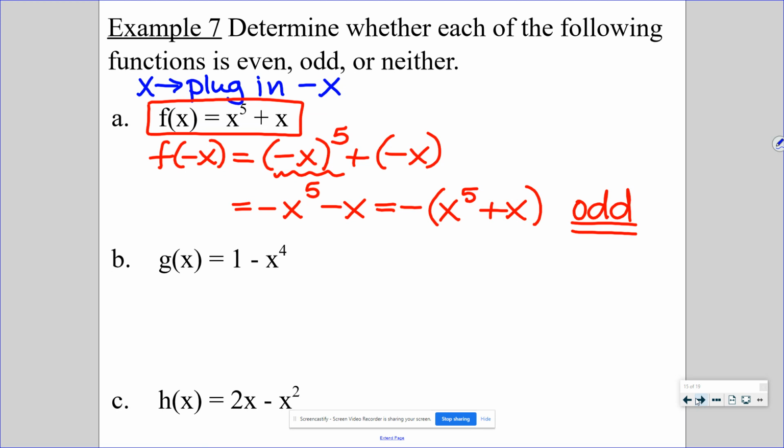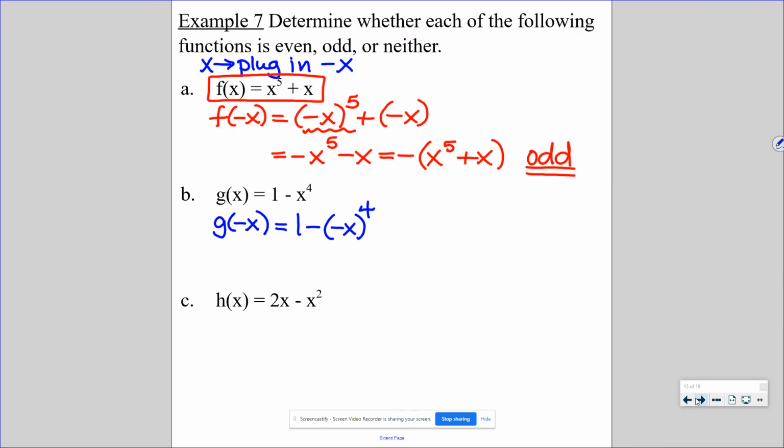Let's try that again because that's a little tricky. I'm going to do the same thing I did before. I'm going to start by making all of my x's negative, and figure out what kind of sign I'm going to end up with. So I have a negative number being raised to the 4th power.